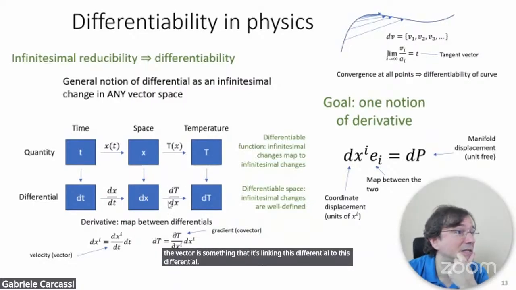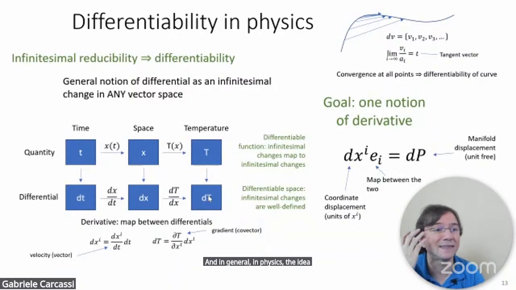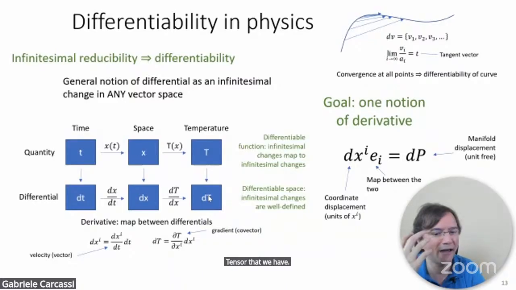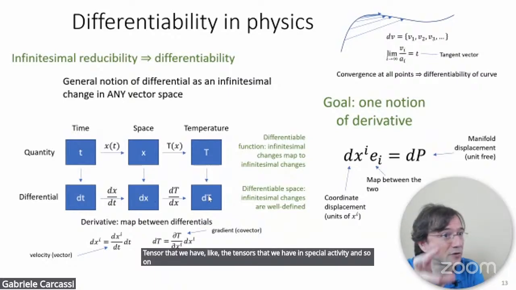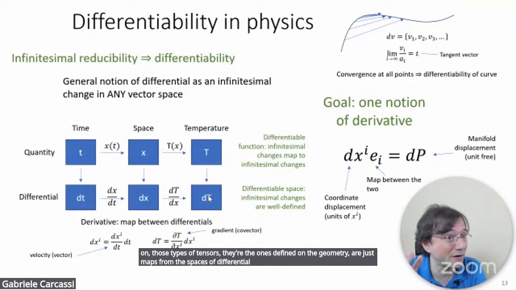And this is a covector, but it's still something that is mapping a differential to a differential. And in general, in physics, any tensor that we have, like the tensors in special relativity, those types of tensors defined on the geometry, are just maps from spaces of differentials to spaces of differentials.